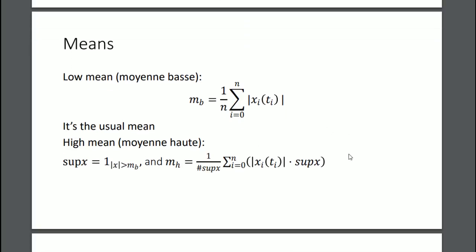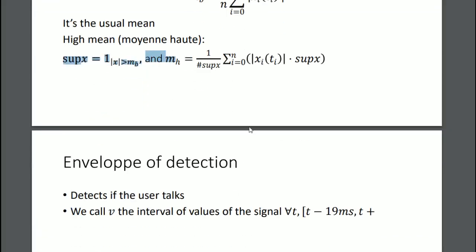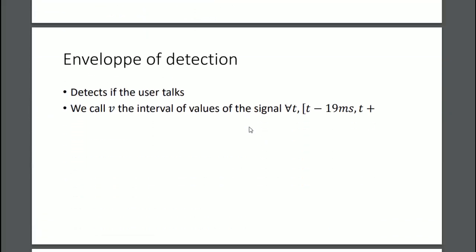So here you have the mean in the absolute value, and here the mean of the values that are over the mean in the absolute value. So mean over the mean. It's complicated.